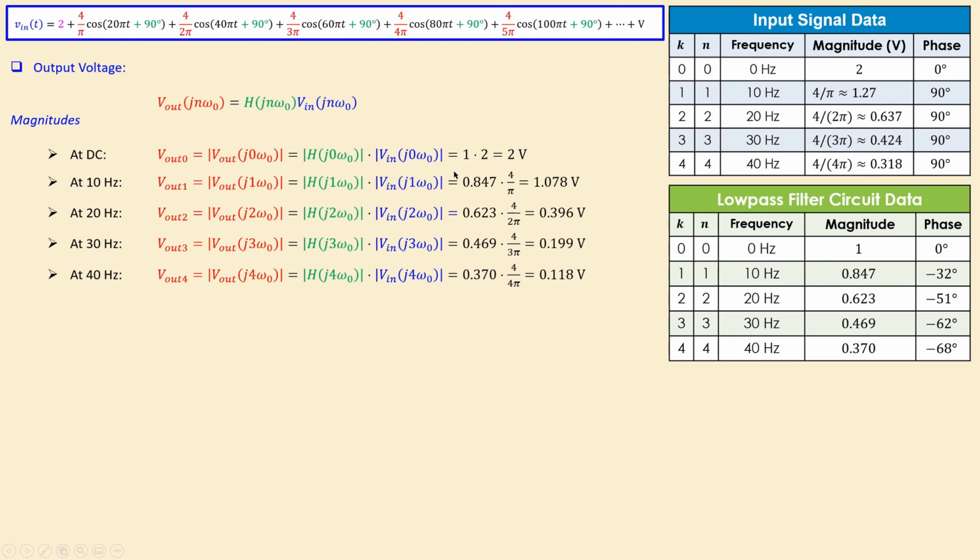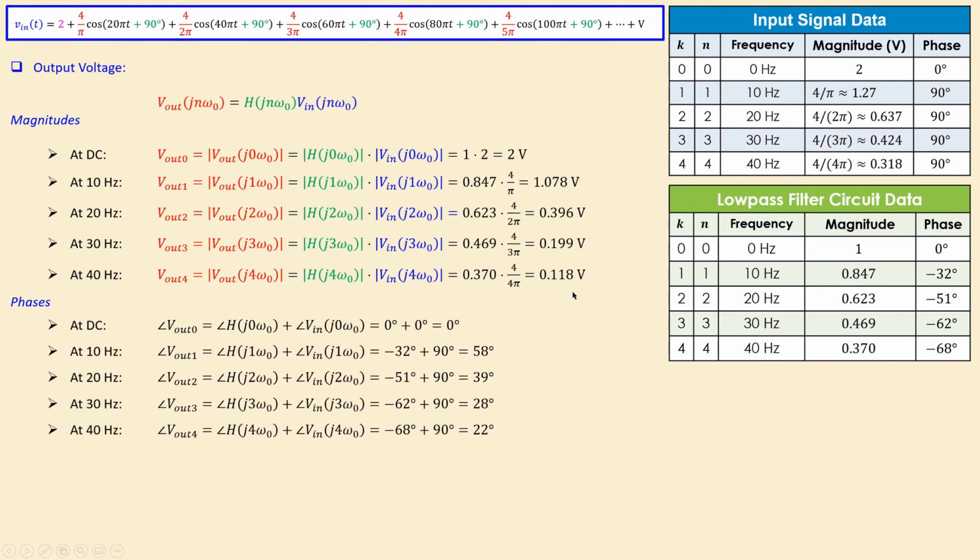So that given, you can calculate this, you will have a value which is close to 1.078. That is the output signal amplitude at this specific frequency. Now, if you move on for 20 Hz, 30 Hz, 40 Hz, exact same procedure. This is all written out here. You can see that the values for the amplitudes are given for each frequency.